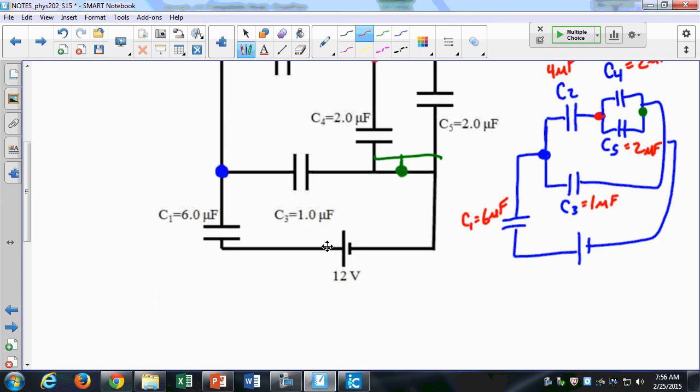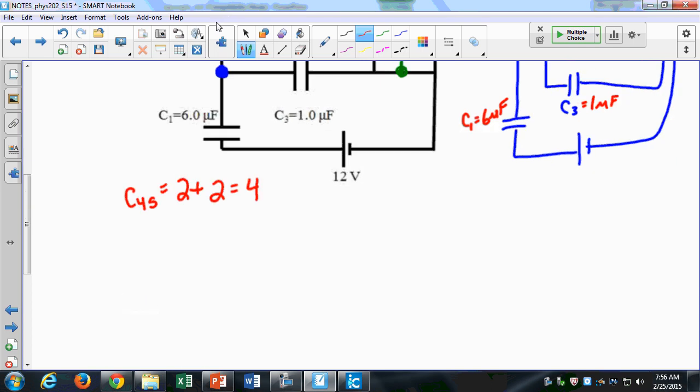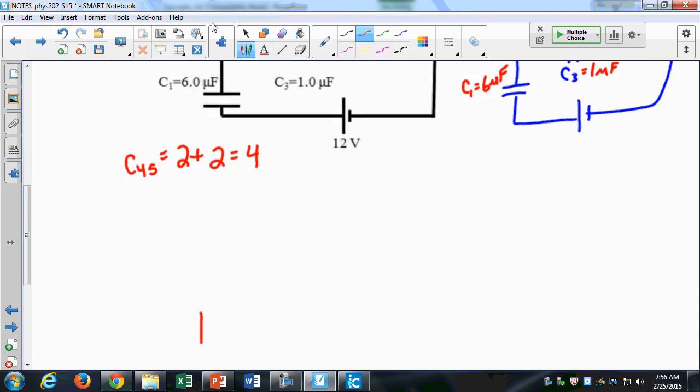So first of all, C45, I'm going to call it, is equal to 2 plus 2, because they're in parallel. So that's equal to 4. I'm going to redraw the circuit with each step, okay? Because we're going to come back and we'll want to find the voltage and charge on each capacitor.